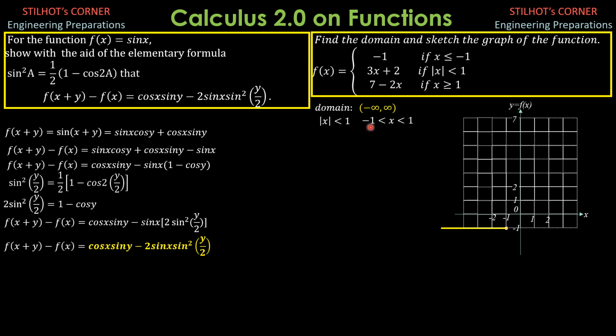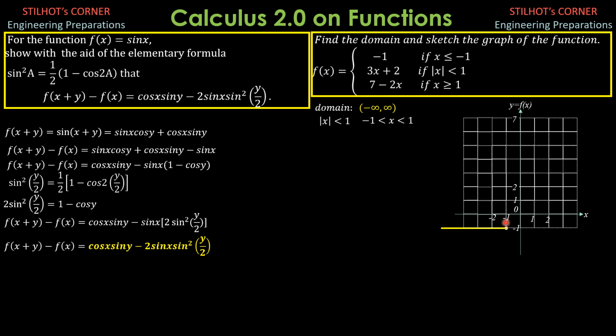Although when x is negative 1 it is already defined here, so it is supposedly a break for this part, there's no break because the function is defined piecewise. So 3x plus 2, when x is negative 1, 3 times negative 1 plus 2 is negative 1. So it is connected here.